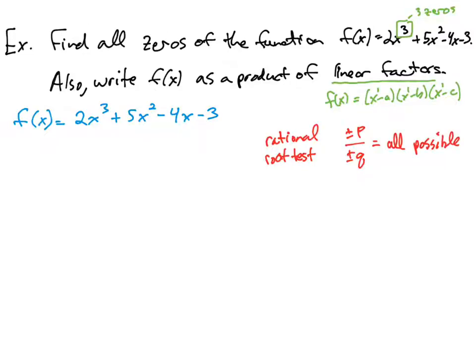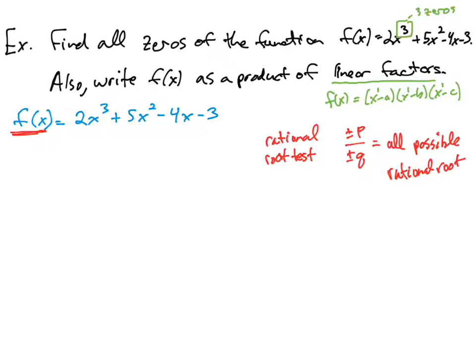The idea is we just want to find one rational root, because if we find one root of f of x, we can divide by that root using synthetic division, and that will reduce this down to a quadratic. Once we get to a quadratic, we know what to do.